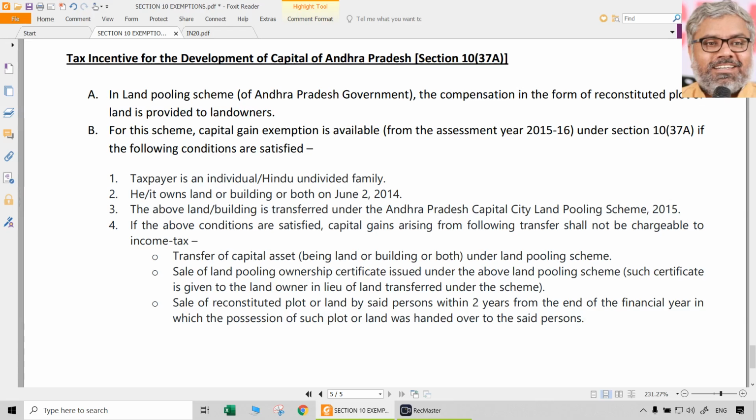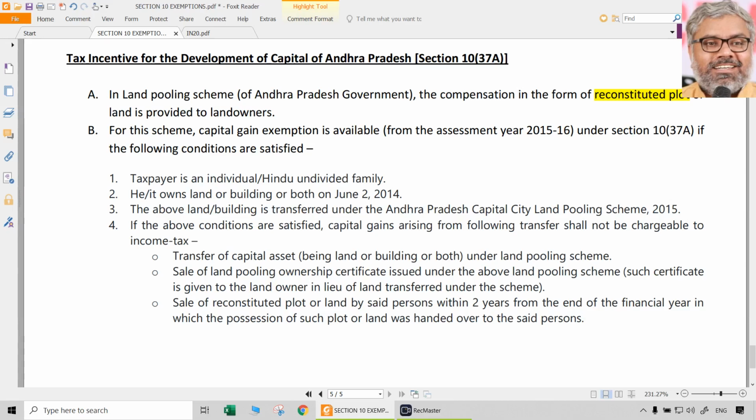The government of Andhra Pradesh itself has taken the land from the farmers, and what it has promised is compensation in the form of a reconstituted plot or land provided to the landowners later once it is developed. So agricultural land or some other barren land is taken now, and after some time, once the development of all that area happens, then some plot of land will be given back to the farmers.